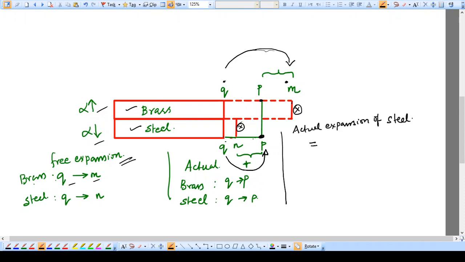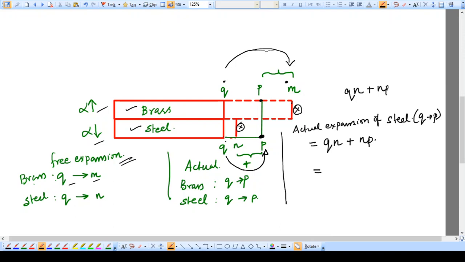The actual expansion of steel is given by Qn plus Np, because the actual expansion of steel is Q to P.